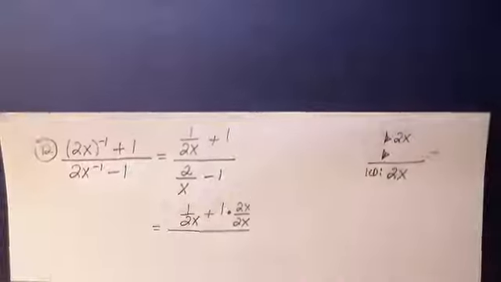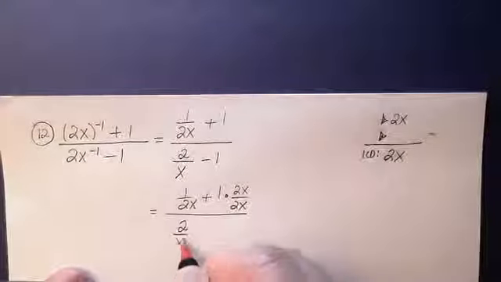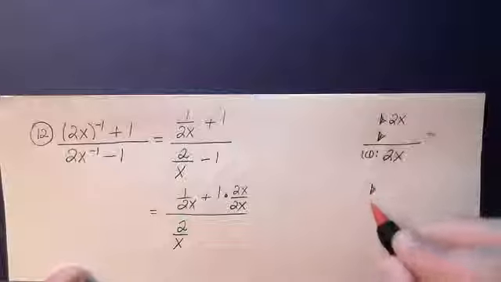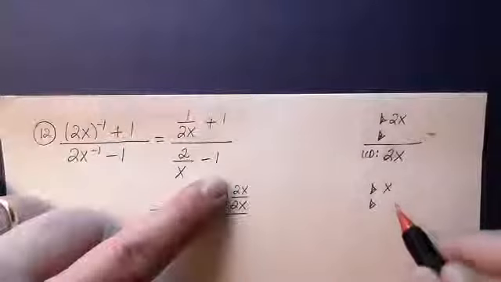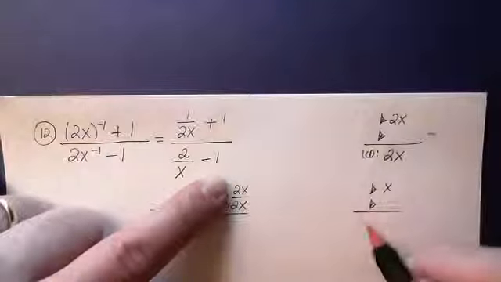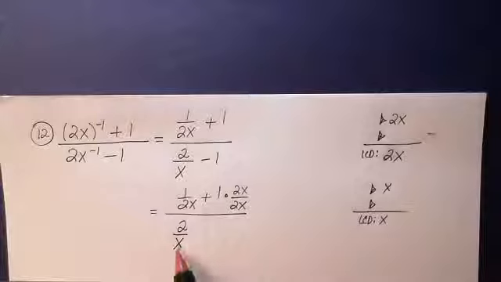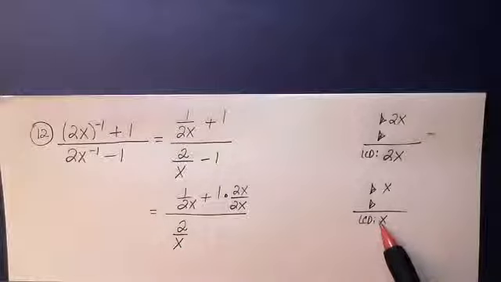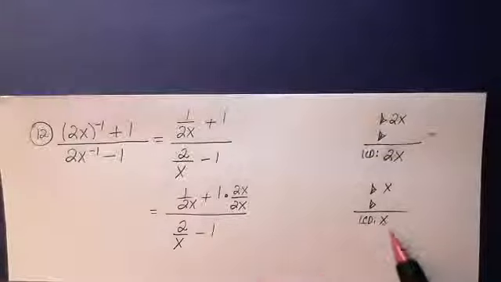Alright, then go on to the next one, the bottom one. So copy 2 over x. Let's find the LCD, by the way. The LCD is x. On the bottom here, I only have 1. So that means my LCD is x. So when I compare this with my LCD, nothing is missing. Copy the next number. What am I missing?